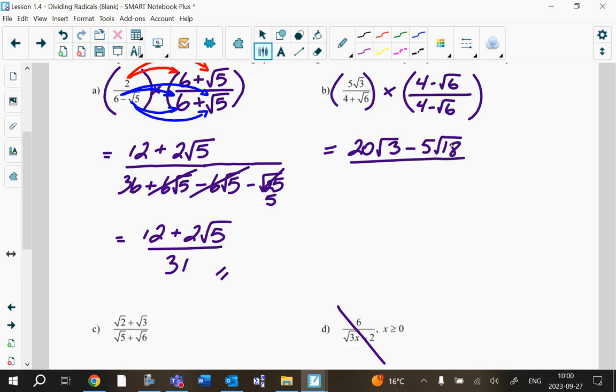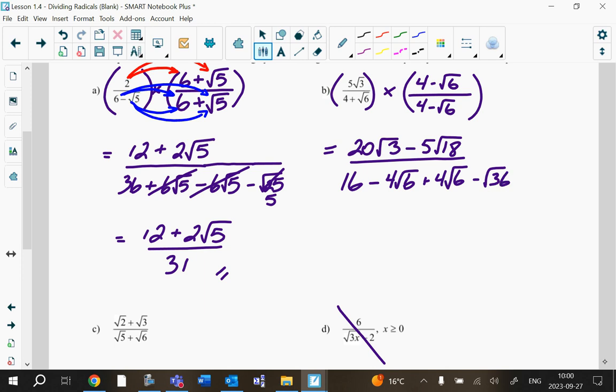Now the bottom, 4 times 4. 4 times minus root 6, minus 4 root 6. Positive root 6 times 4 is plus 4 root 6. And plus root 6 times minus root 6, root 36. Or if some of you just want to go straight to the simplified answer of 6, that's fine too.